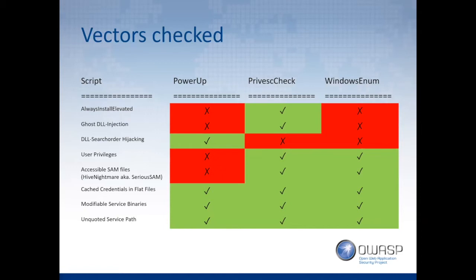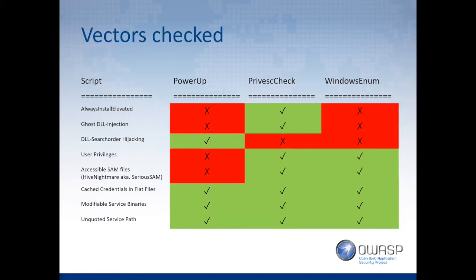PowerUp isn't maintained very well. Actually, I believe it hasn't been really maintained for the last 4 years. So the newer exploits, such as the Hive Nightmare one, are not covered. But PrivescCheck and WinPEAS, which are still maintained, they check for that.